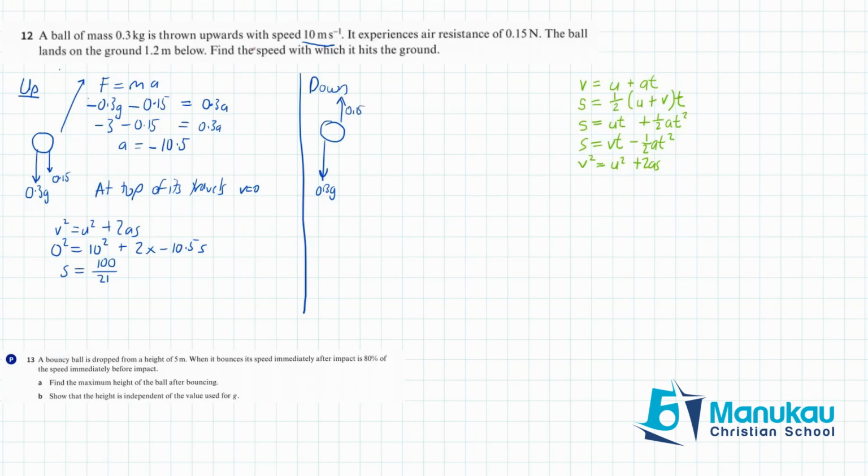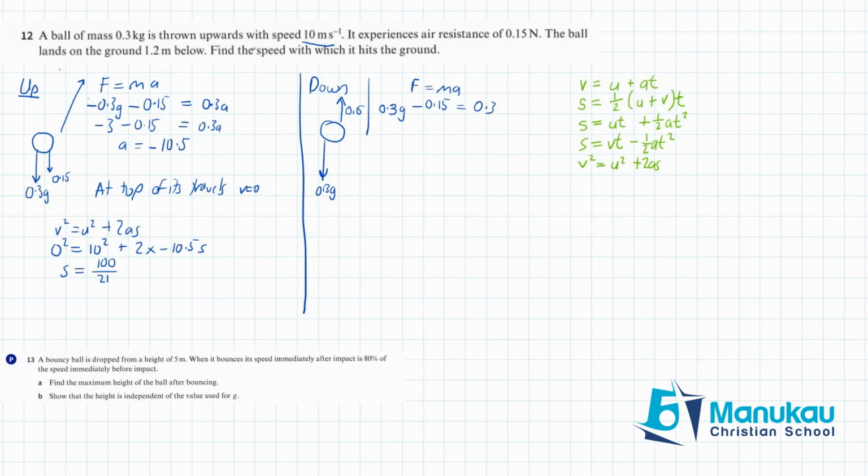So the overall force is going to equal mass times acceleration, and the overall force is going to be, let's take the down direction as positive in this case, 0.3 g, subtract 0.15 because that's in the other direction, equals ma. Now actually we know that m is 0.3, that's the mass, so I'm going to chuck that in, 0.3.